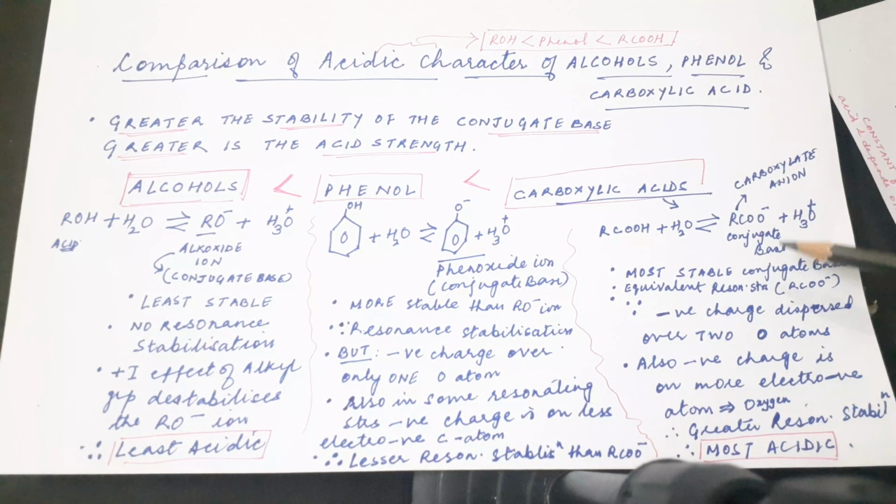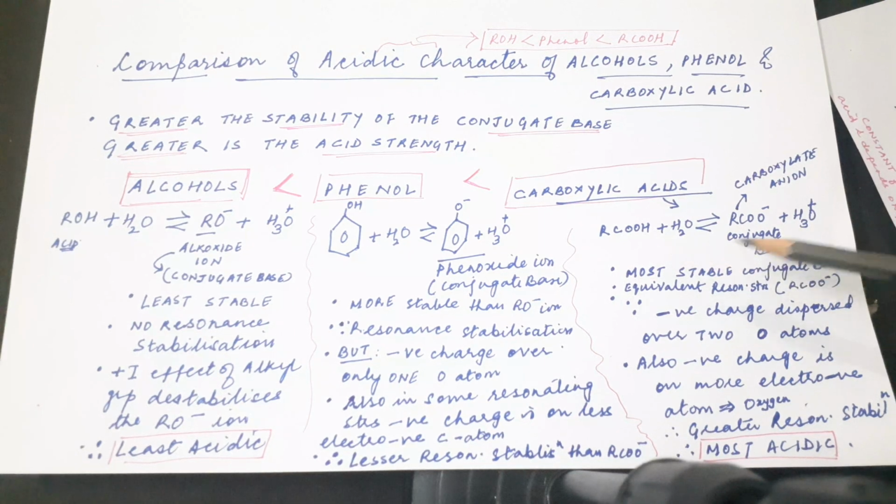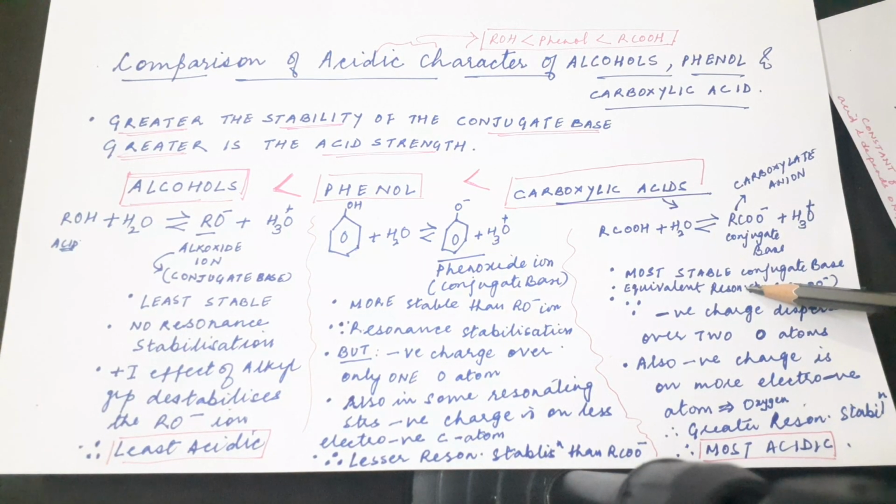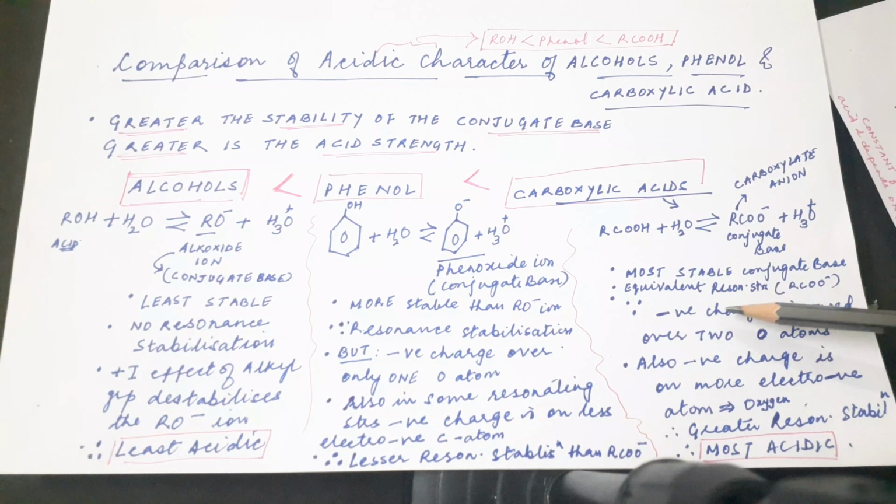However, if we talk of RCOOH giving us the conjugate base RCOO minus, which is the carboxylate anion, this happens to be the most stable conjugate base. Which one? RCOO minus. Why? Because it has equivalent resonating structures. Therefore, the negative charge is equally dispersed over two oxygen atoms, which contributes to greater stabilization.